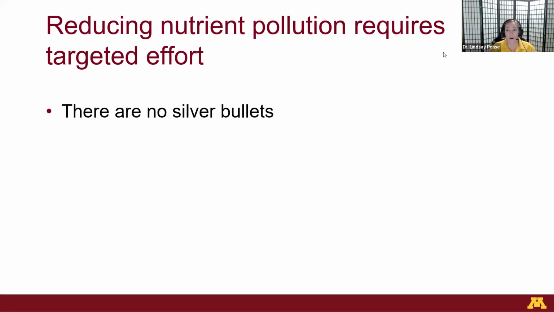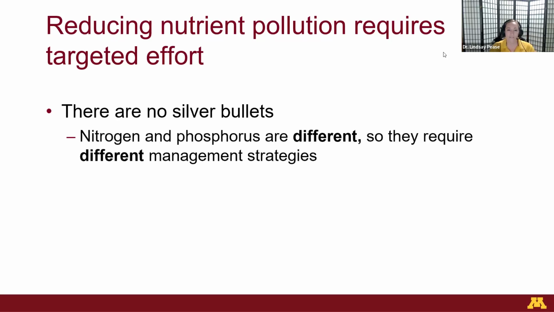There are no silver bullets. And this is no different when we are talking about managing water runoff from agricultural landscapes. Nitrogen and phosphorus themselves are different, and they require different management strategies.